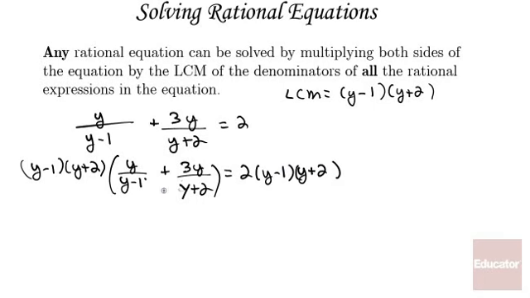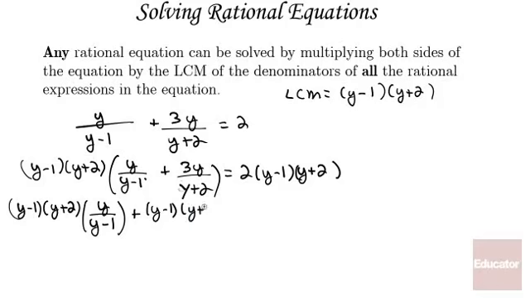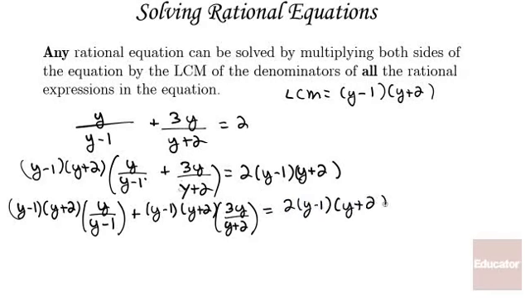Okay, using the distributive property, I could rewrite this as y minus 1, y plus 2 times the first term, which is y over y minus 1, plus y minus 1, y plus 2 times the second term, 3y over y plus 2, equals 2 times y minus 1, y plus 2.